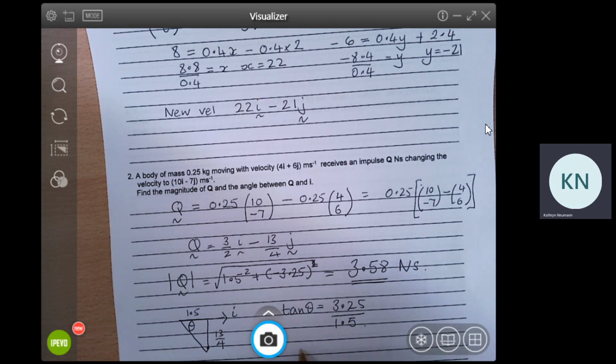And working that out on our calculators, that gives me theta is equal to 65.4 degrees. It'd be worth saying below the i direction.